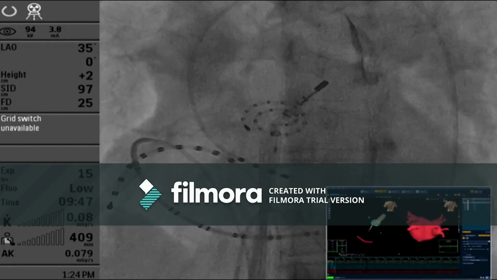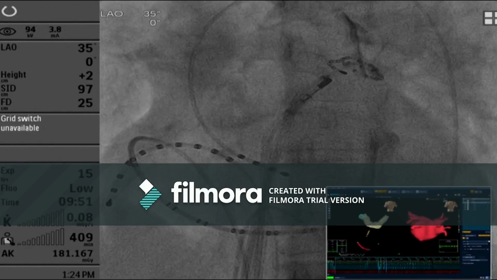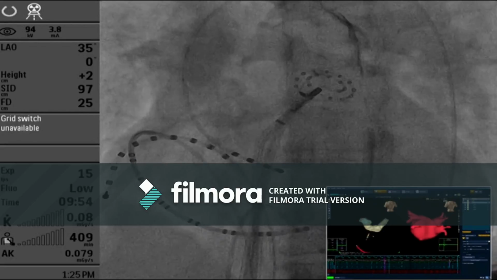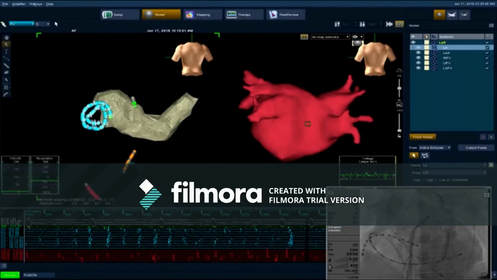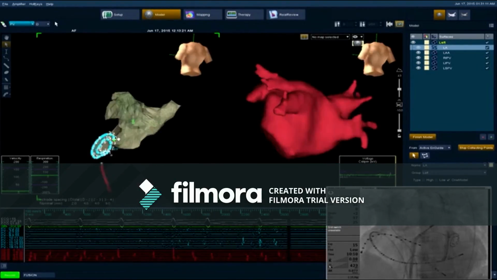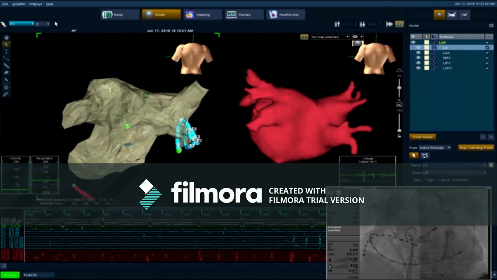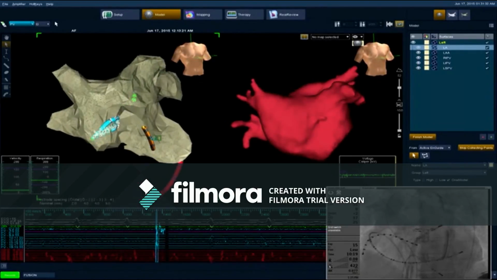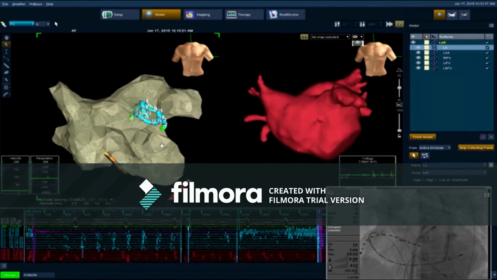You can start with any PV, but I usually start with the LSPV or RSPV like this. And then I go to the appendage now.